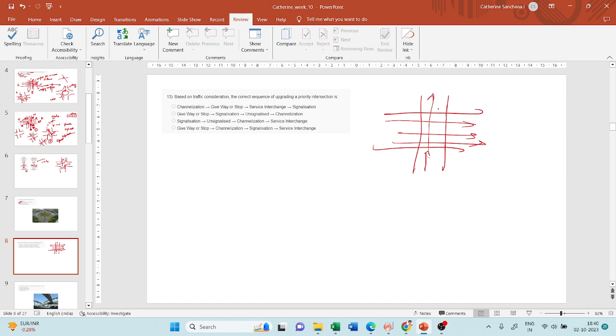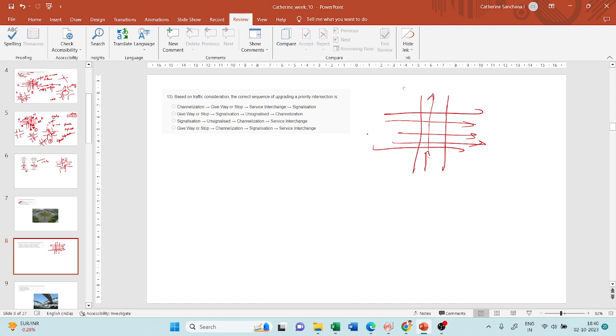You can provide an interchange, where you take the two crossing roads and provide them at a different level, or you can provide a signal so that the safety of this intersection can be improved. But you won't provide a signal immediately. You will first try to see if you can provide the least cost option. You will look for options to make it safe based on cost effective options, right?